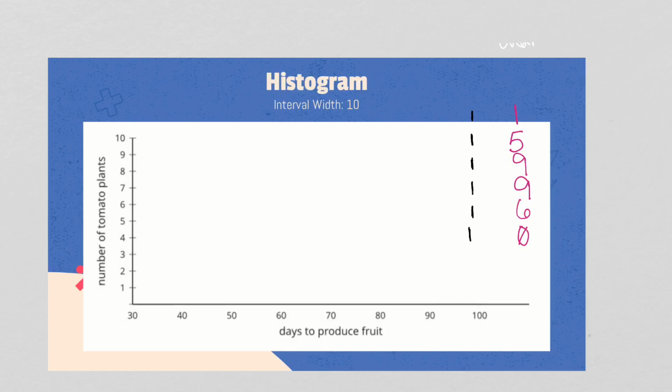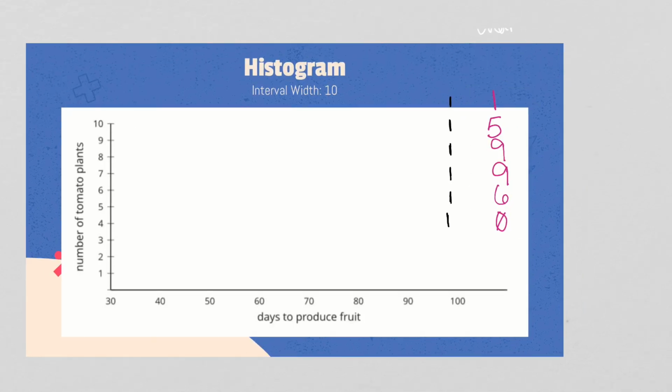From 41 to 50, we had this 1 right here. I know you guys can't see that full data thing, so I'm going to write it in really quick. We have 41 to 50, 51 to 60, 61 to 70, 71 to 80, 81 to 90, and 91 to 100.